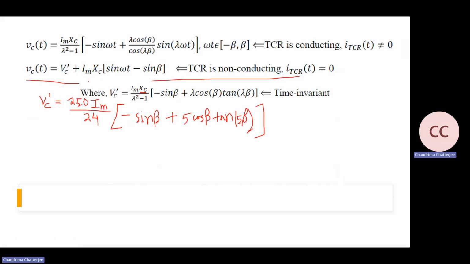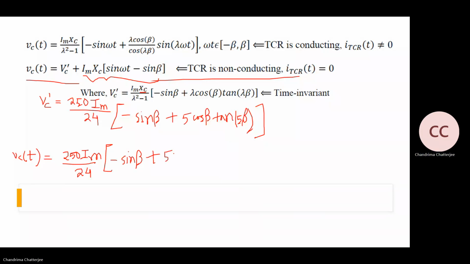And then after that we have this part. So the final expression is 250 Im by 24 into minus sine beta plus 5 cos beta, then tan 5 beta.